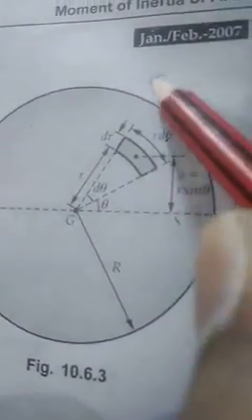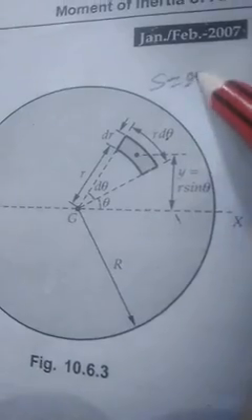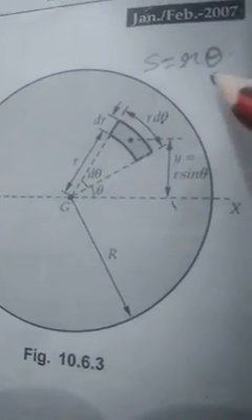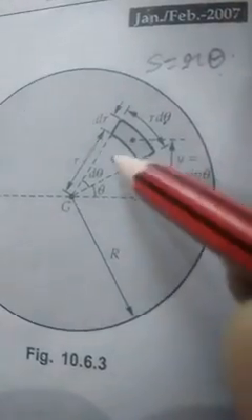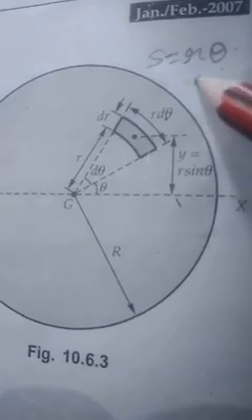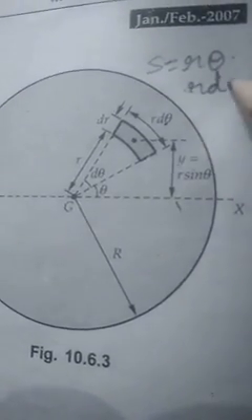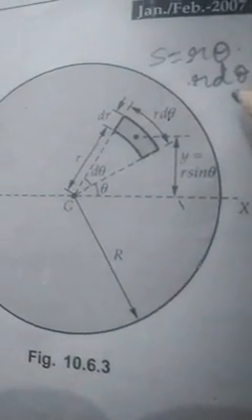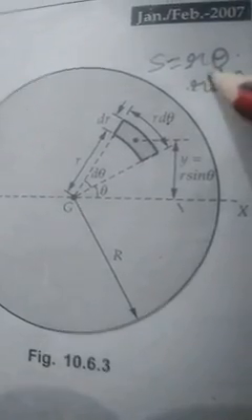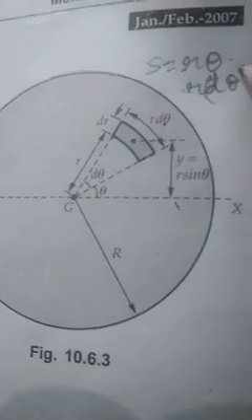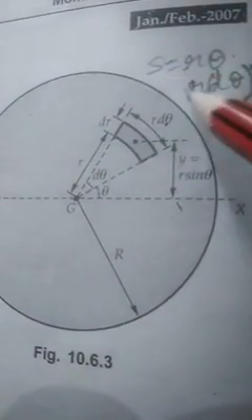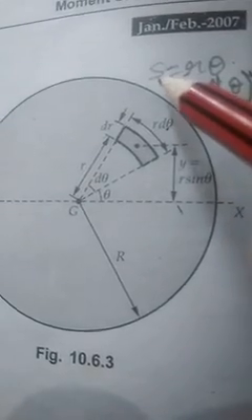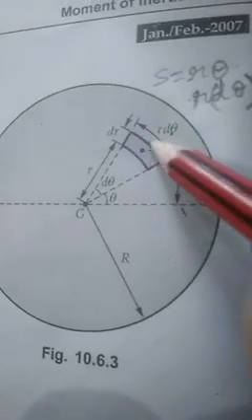Arc length s is equal to r theta, which you have studied in your PUC. Here theta will be replaced by d theta, so it becomes r into d theta. So s is equal to r d theta, that is the length of this arc.